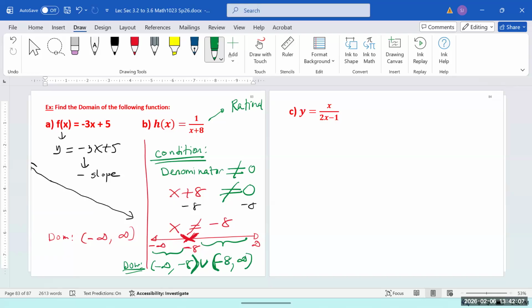Range is hard to see. So in the exam, I'm going to give all three: a polynomial, a rational, and an even root. So 3 domain questions from the equation, and then at least 2 to 3 domain questions from the graph. So everything you're learning to do is in the exam. Find the domain in interval notation.